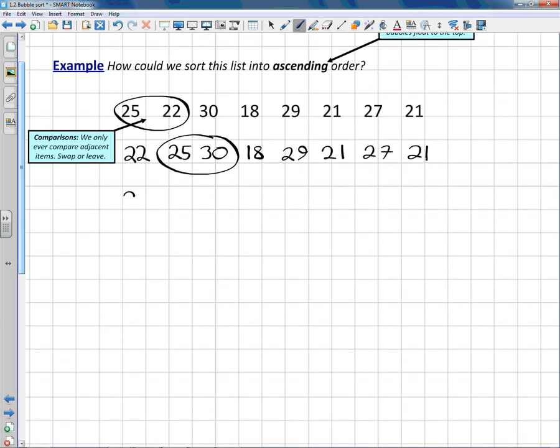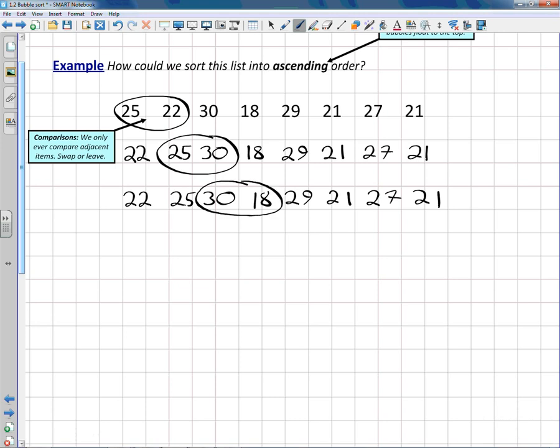But now we have to copy out this list again. And I know perhaps some of you are already thinking this is an awful lot of work, but there is a little shortcut which I'm going to show you shortly. So I've just missed the 5 there. And we move the bubble along one more time.